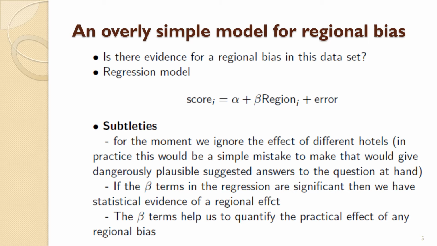For the moment, we ignore the effect of different hotels. In practice, this is a simple mistake to make that would give a dangerously plausible suggested answer to the question at hand, but it's technically incorrect because you haven't made an adjustment for the correlation caused by repeat measurements from the same hotel. But the basic idea in terms of conceptualizing the model is that if the beta terms in the regression are significant, then we have statistical evidence of a regional effect, and the beta terms would also help us to quantify the practical effect of any regional bias.